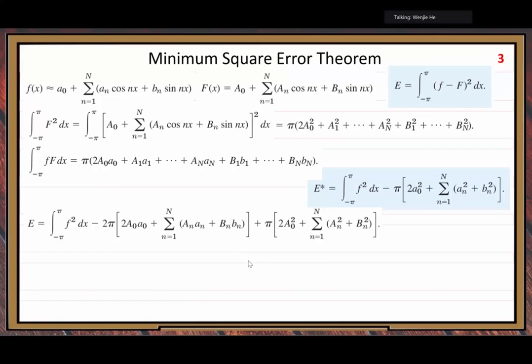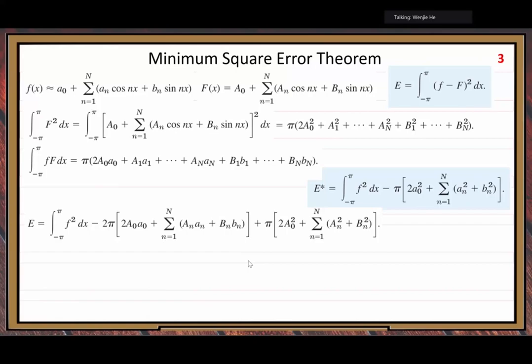We consider E star, where we make capital An the same as little an, and capital Bn the same as little bn. That's the E star. So we want to compare the general E and that special E star.